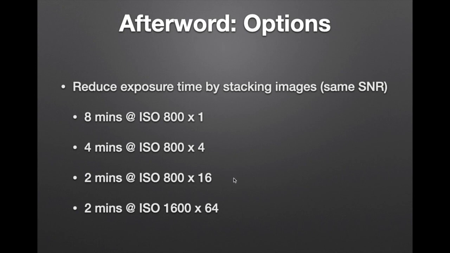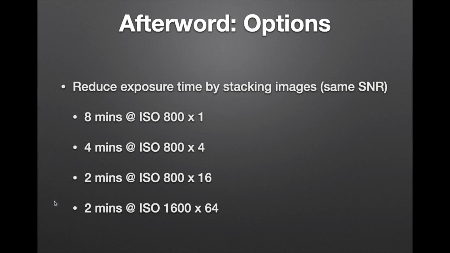So now we have a total of 16 times the necessary images to stack. And again, you may want to boost the ISO, say, to 1600. And again, you'll need 4 times as many images from here to here. So now we have a requirement of 64.